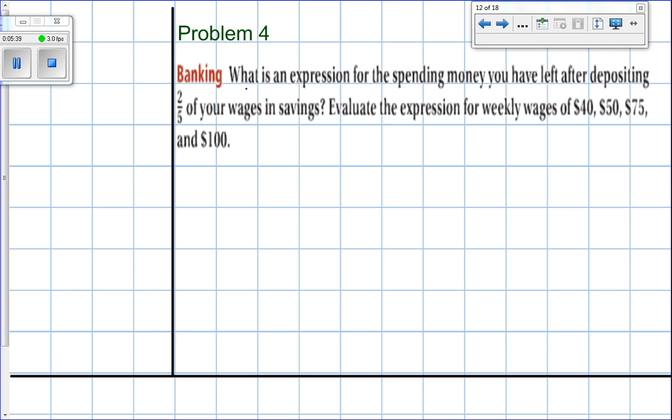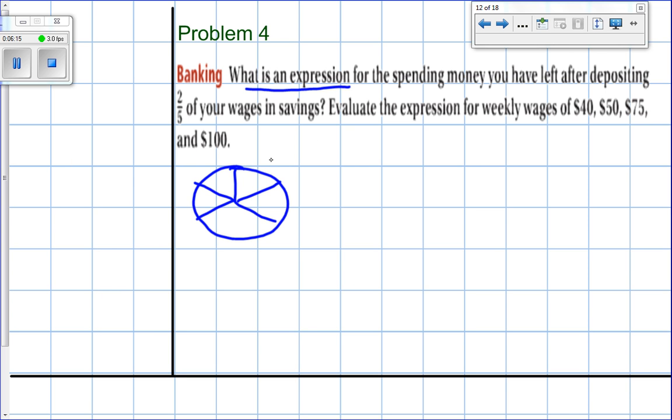So it says, what is an expression for spending money? Well, they want to know what you have left after you deposit 2/5 of your wages into savings. So if I just draw a circle, a fraction circle, and I split it into 5 parts, this can represent the money in your savings, or the money that you have total that you've been paid. And it says after you've deposited 2/5 of your wages.